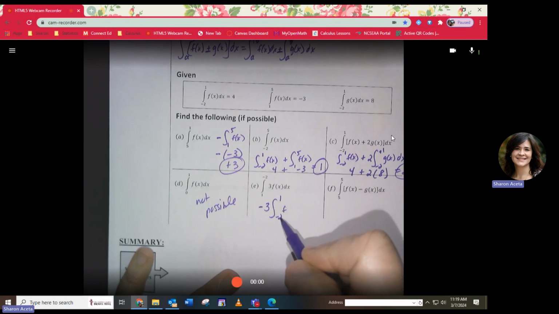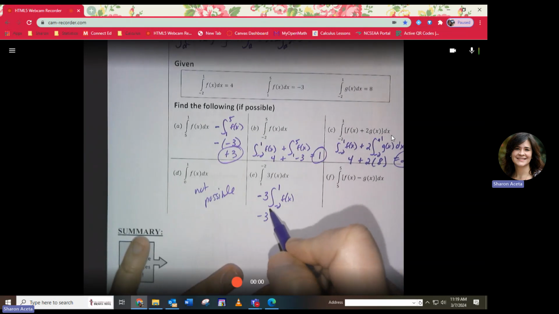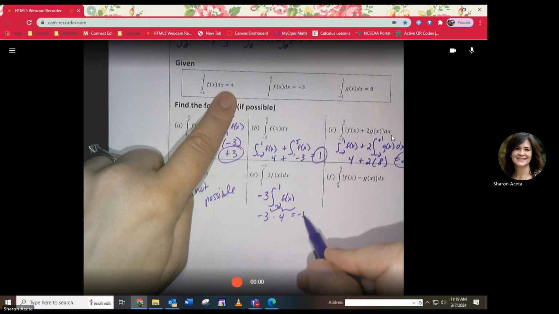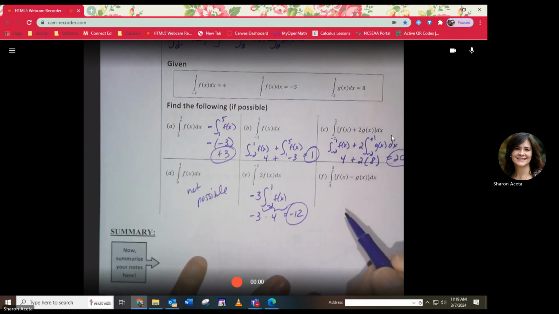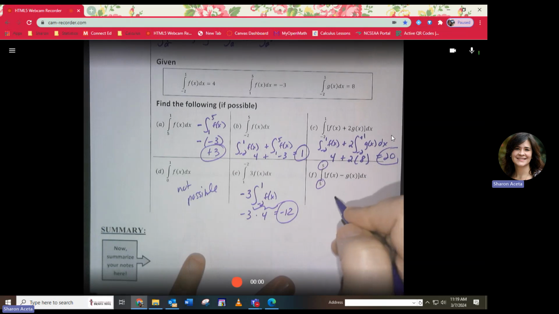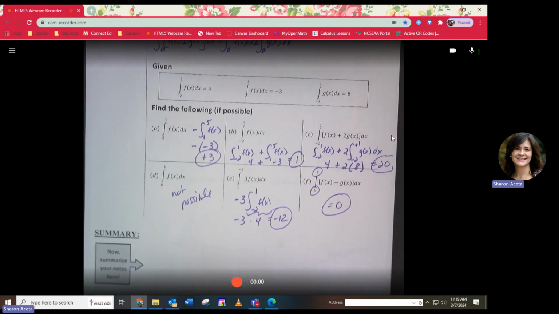My lower bound -2 and my upper bound 1. And so that would be -3 times this right here, which is equivalent to 4. And then this one from 5 to 5, well, that's a 0 area. So these are some properties of definite integrals. Try your homework tonight.